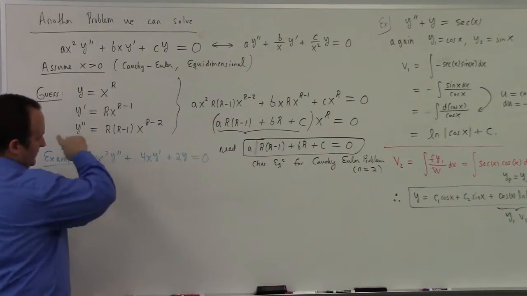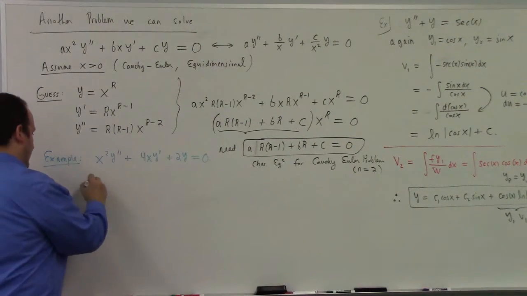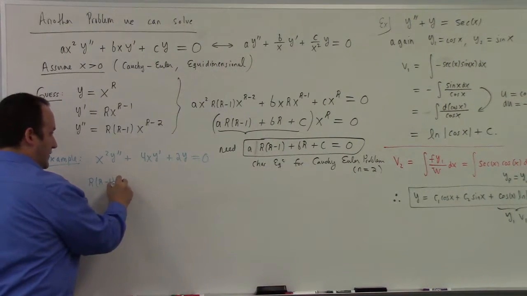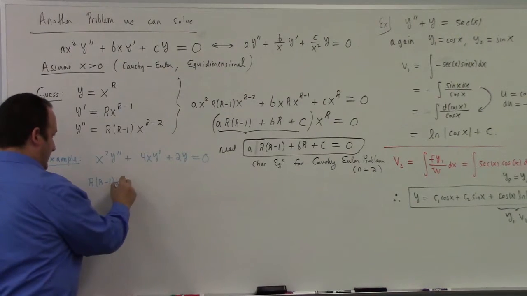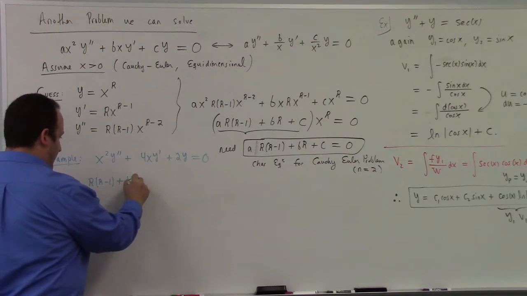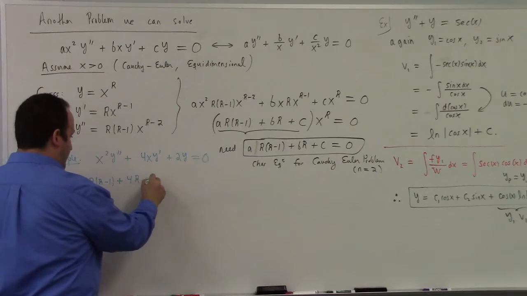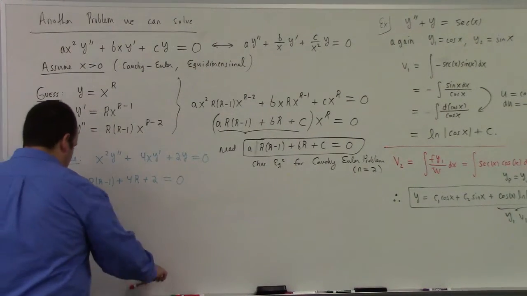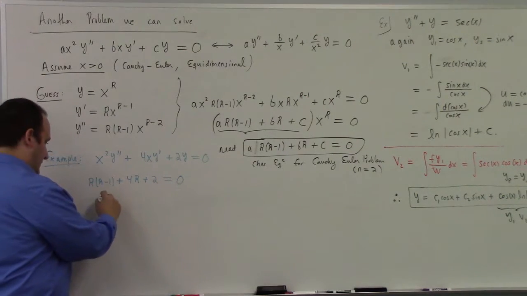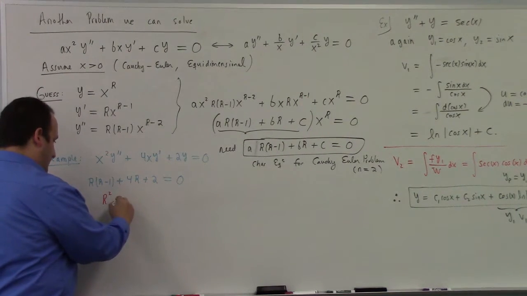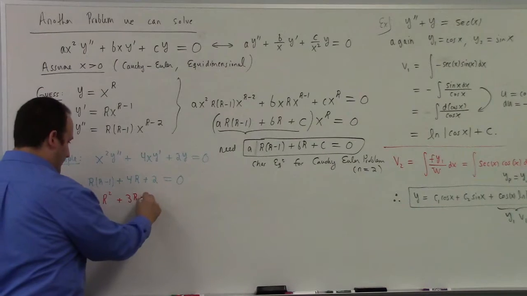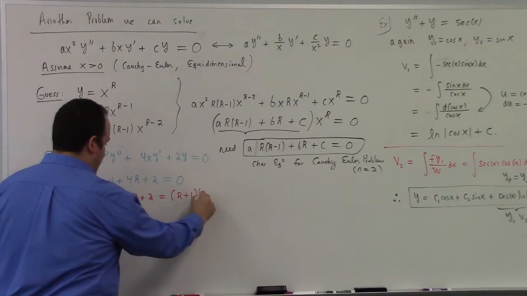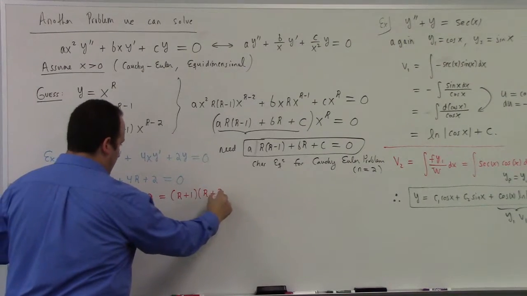By this derivation, I'm going to look at r times r minus 1 plus 4 times r plus 2 equals 0. That's my characteristic equation, which gives me r squared plus 3r plus 2, which is r plus 1 times r plus 2.